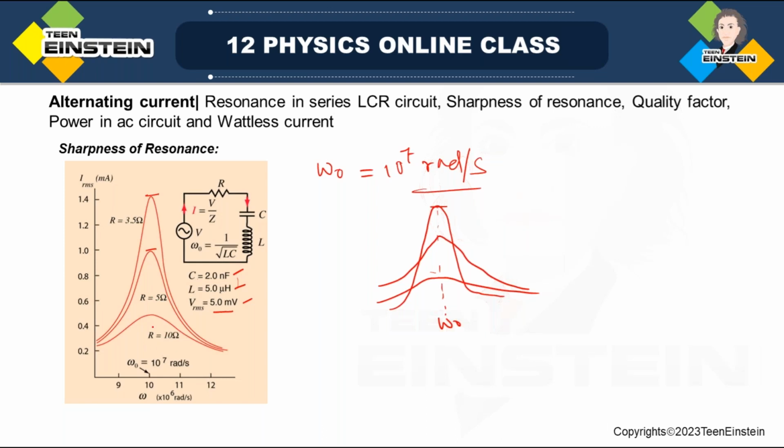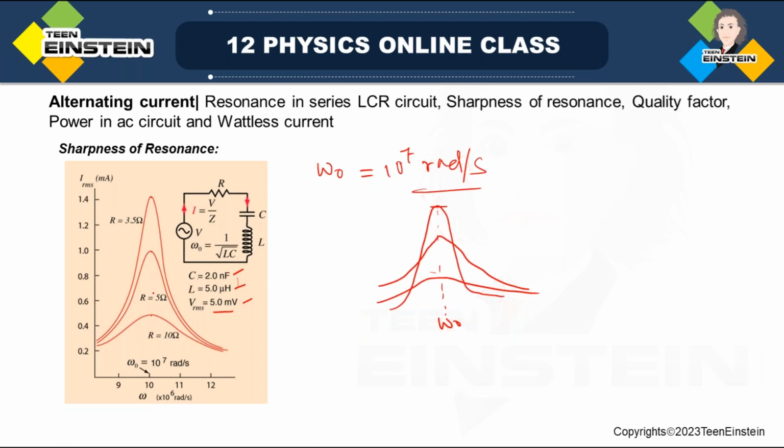At 10 ohm resistance it is so wide, but the peak occurs at the resonant frequency. So resonance is happening, no doubt, because there is a peak. Resonance occurs at the same frequency, whereas the curve becomes wider as you increase the resistance. As you decrease the resistance, the curve becomes sharper and sharper.